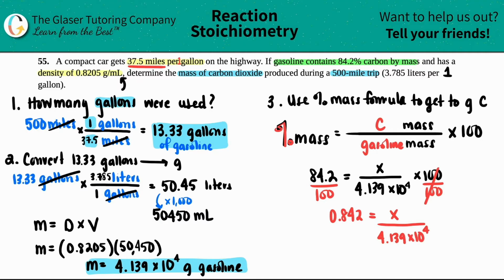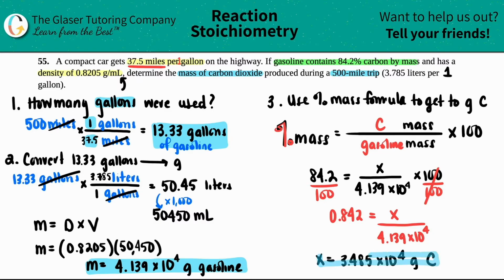Cross multiply, and now this is going to tell me how many grams of carbon I have. So 0.842 times 4.139 times 10 to the 4th. I'm also going to put this number in scientific notation, 3.485 times 10 to the 4th. And that's officially now grams of carbon.